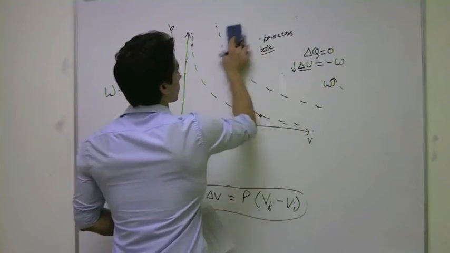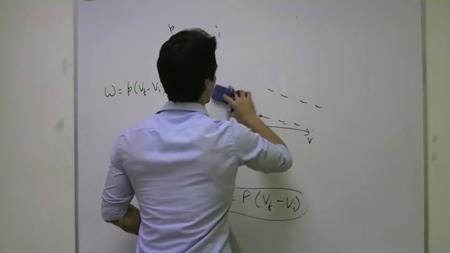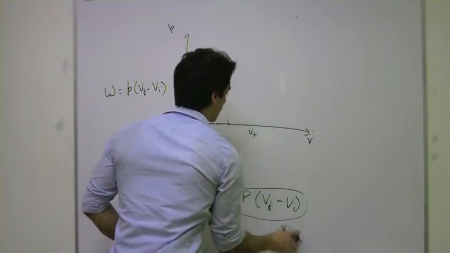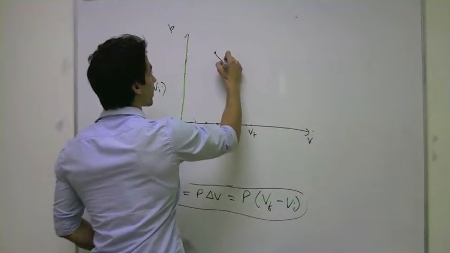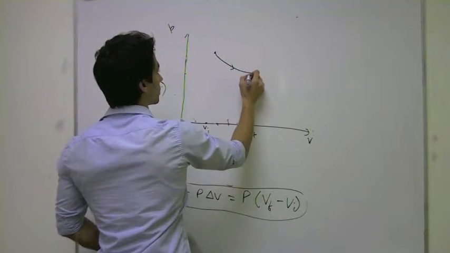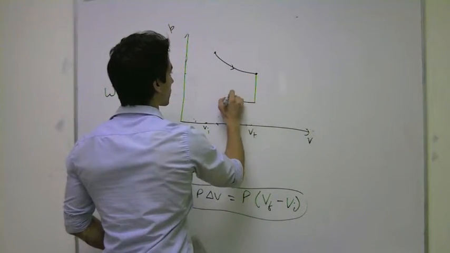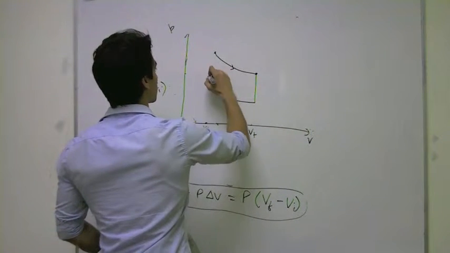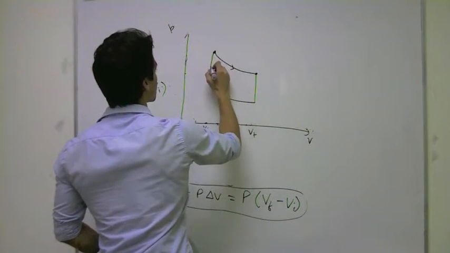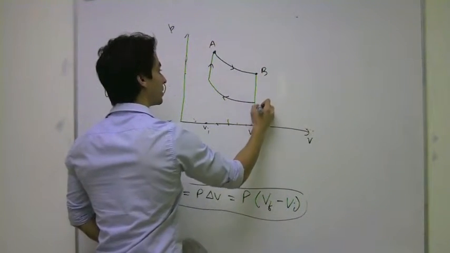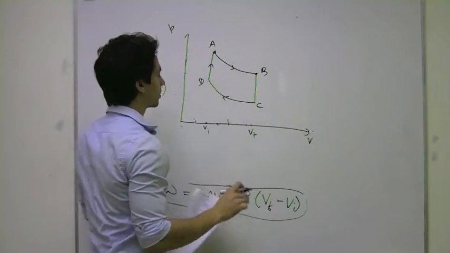Right, so if we had a cycle of processes, for example, if a gas went from this point to here, then from here to here, then here, and then back to this state. In the exams there will usually be questions of this sort.